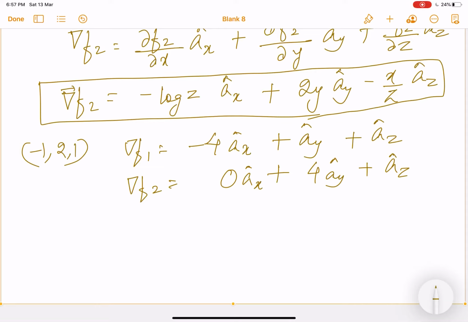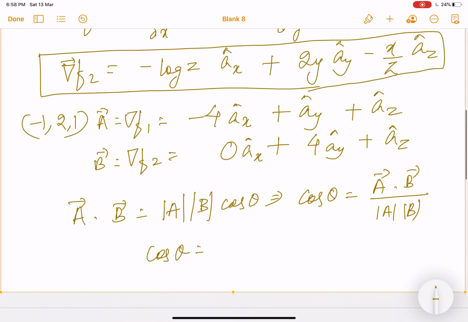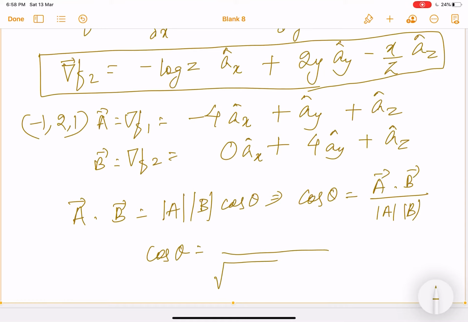Then how will I take out the angle? This is one vector, call it A, and this is the other vector, B. If I do the dot product, then I can get theta from cos theta equals A dot B by magnitude A times magnitude B. The magnitude of the first vector is root of 16 plus 1 plus 1.